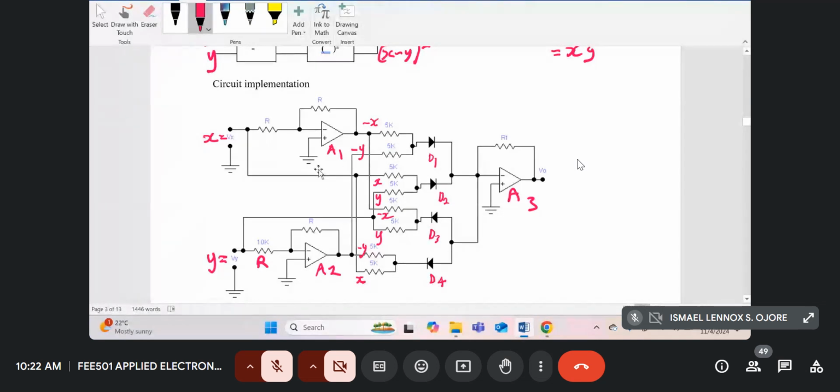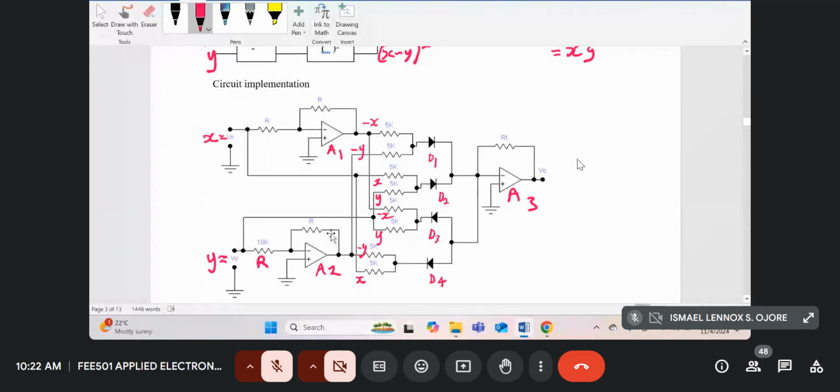So that's how we get these signals starting from the top of the resistors. The 5Ks at the top are minus x, minus y. Then we go to x, we go to y, then we go to minus x here, then we go to y, and then we go to minus y, then we go to x at the bottom, feeding D4. So I hope that is understood.